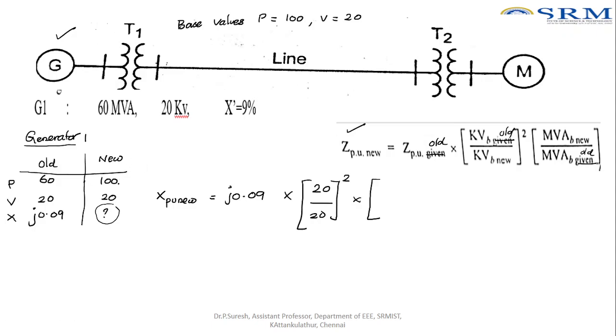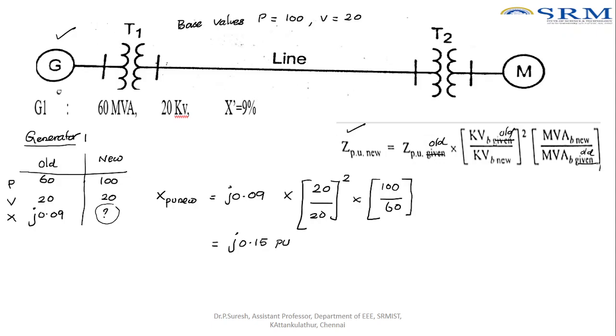What is new power? It is 100. And then old power is 60. So I just substituted all the values, new and old. After calculating, this value comes to around j0.15 per unit. So this is the new per unit value for the generator. You can see here, old value is 0.09, new value is 0.15.